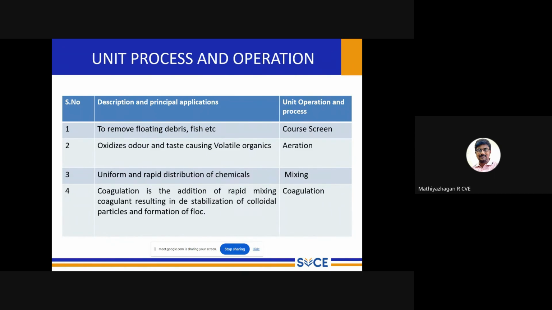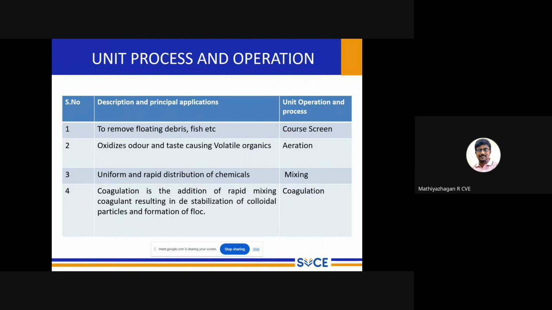Because of that, the water contains a lot of organic gases. Those gases can be removed, or we can increase the dissolved oxygen, by aeration.